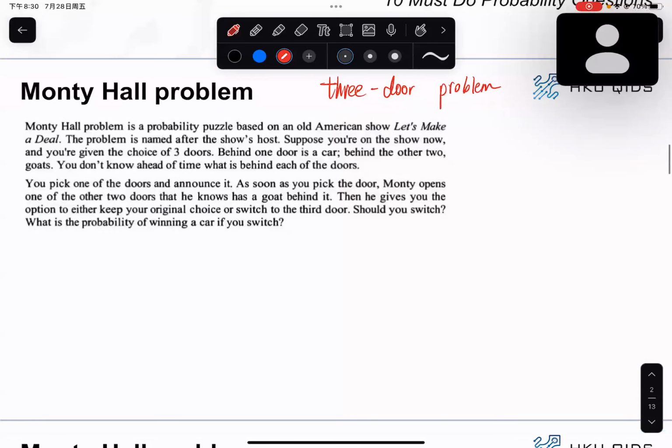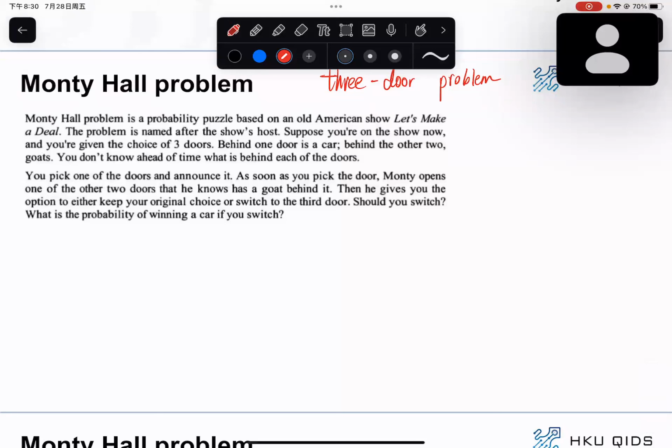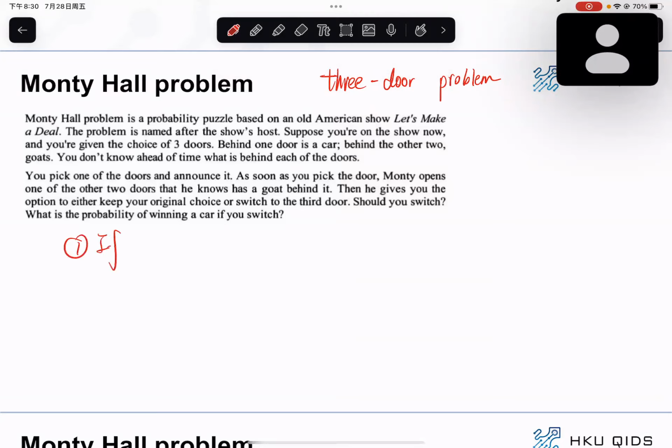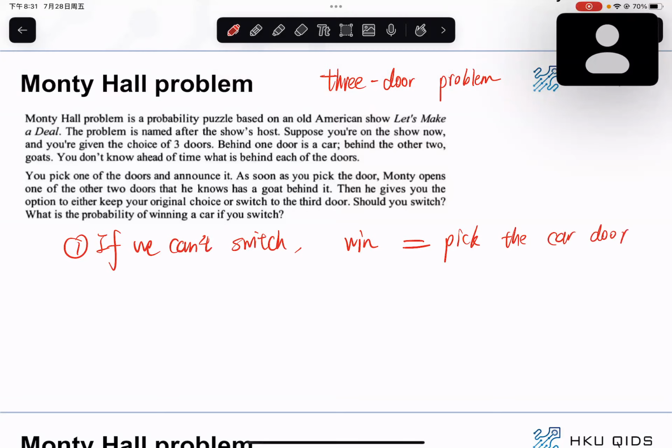Originally, if we don't switch, then winning means we pick the car door. And there is only one car behind three doors, so it must be 1/3, right?